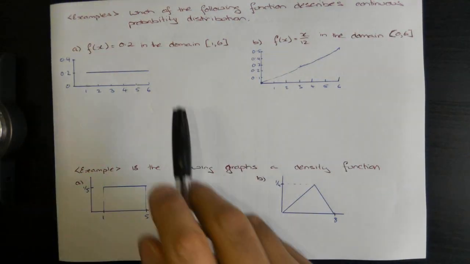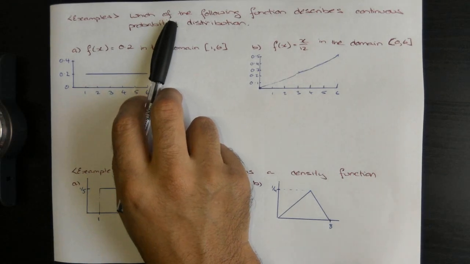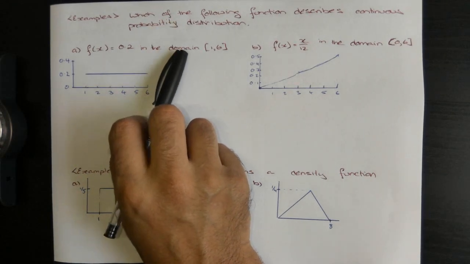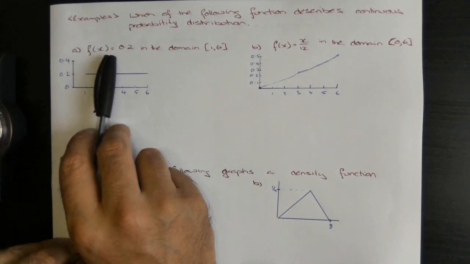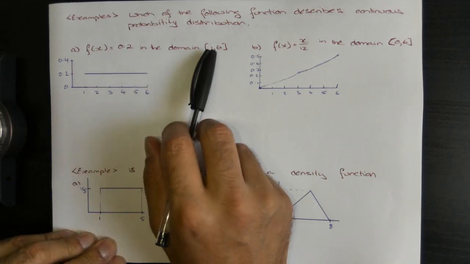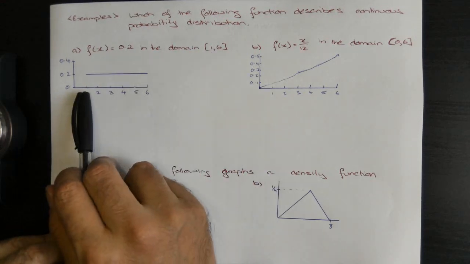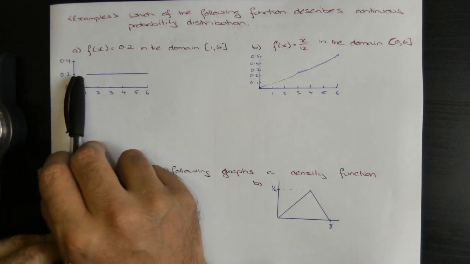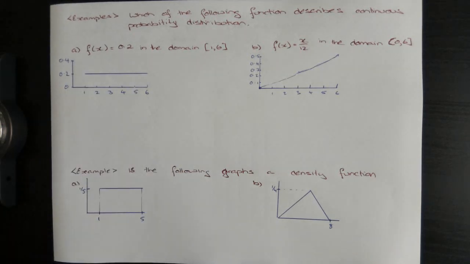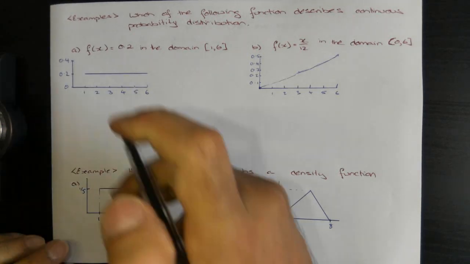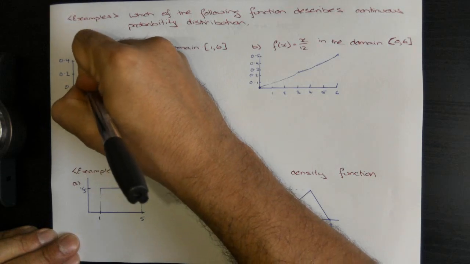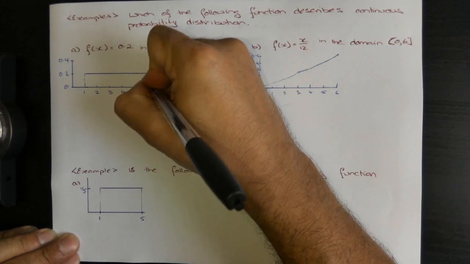Here's an example. Which of the following functions describes a continuous probability distribution? We have f of x is 0.2 in the domain of 1 to 6. So from x equals 1 all the way to 6, we have 0.2. What we want to do is calculate the area under this.